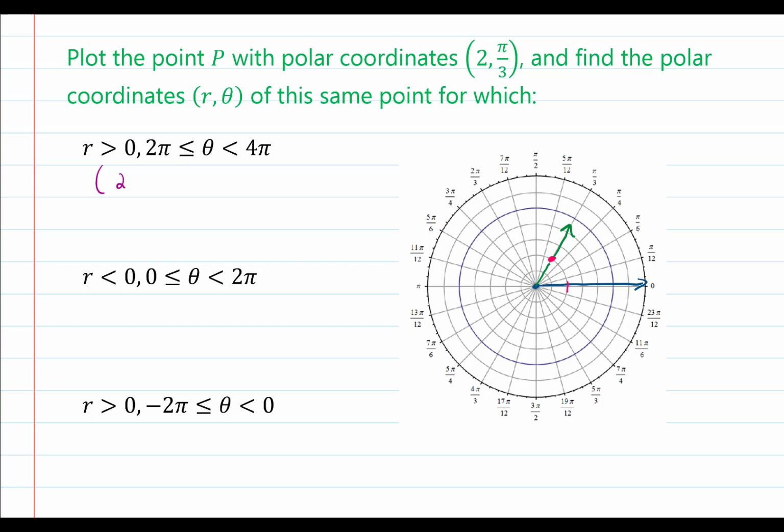So now let's look at theta. Because theta is greater than or equal to 2 pi, which by the way represents 1 full revolution around the coordinate plane, but less than 4 pi, which is 2 full revolutions around the coordinate plane, we know that we're dealing with a coterminal angle.